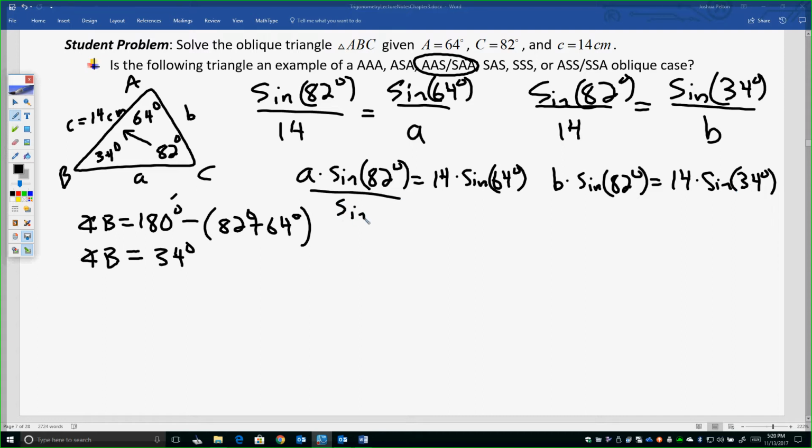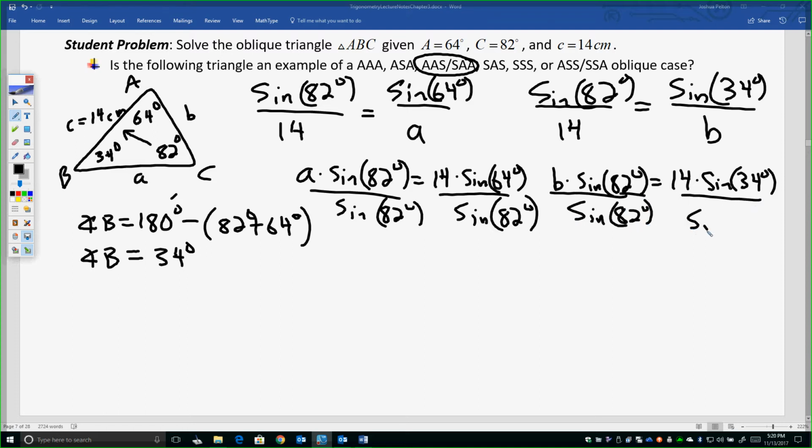And the sine of 82 cancels, cancels. So A is approximately, and B is approximately.